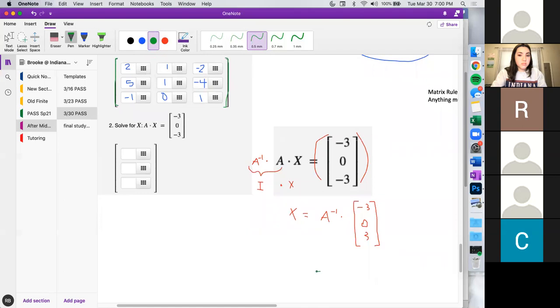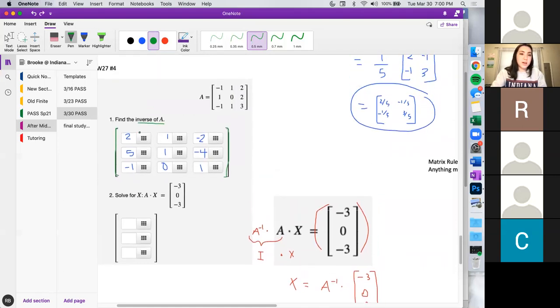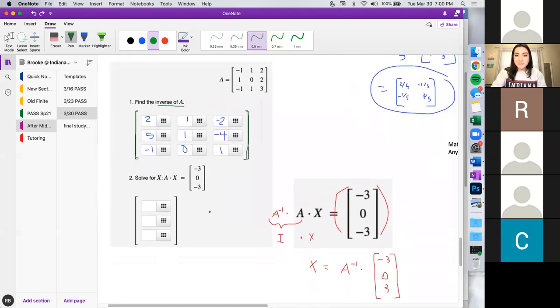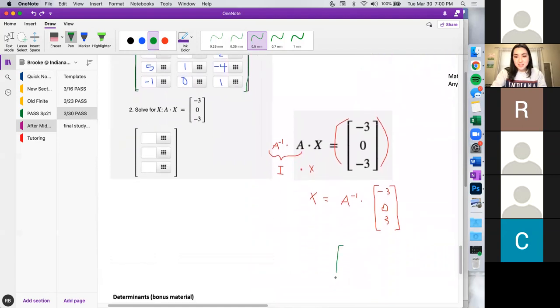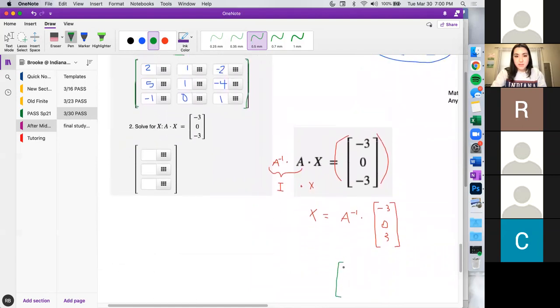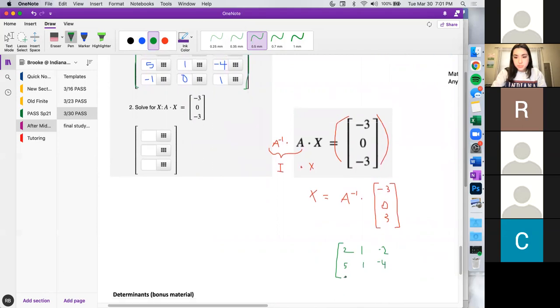Oh, I'm sorry. I didn't know these problems were connected. That's why I was confused. Oh, yeah, it's like a two-parter. So I'm just going to copy my A inverse just so it's a bit clearer to see. Kind of messily, but you get the idea. -1, 0, 1. So here's my A inverse that we found earlier.